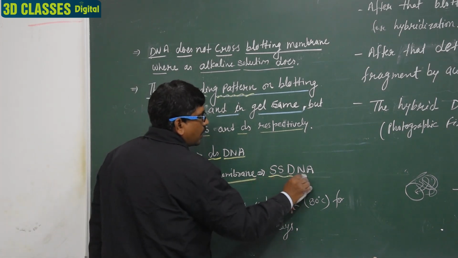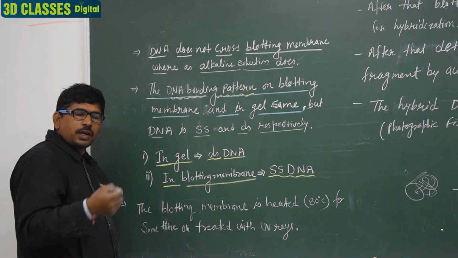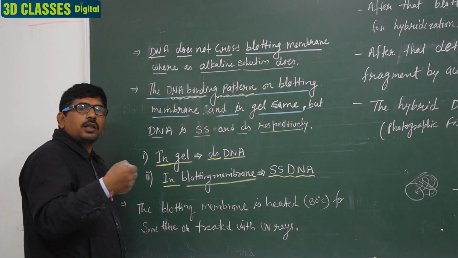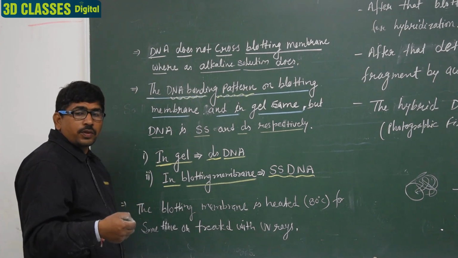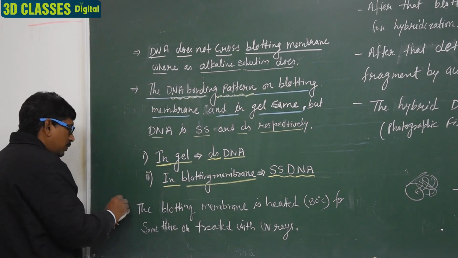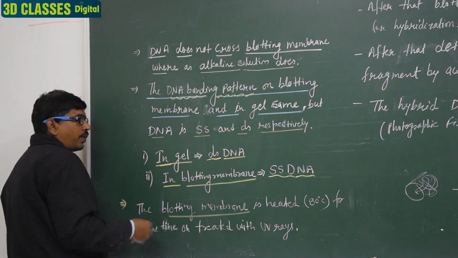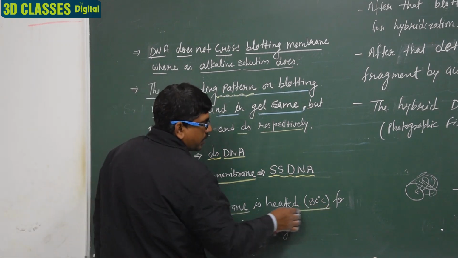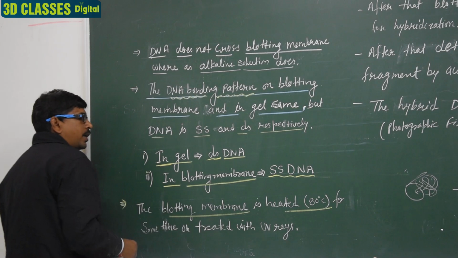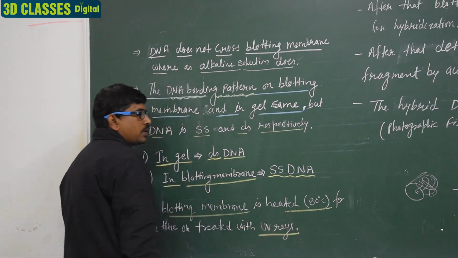So we can say that when dsDNA enters the blotting membrane, it is converted to ssDNA in the presence of the alkaline solution. Clear? Next, the blotting membrane is heated for dryness, at 80 degrees for some time, and treated with UV rays.